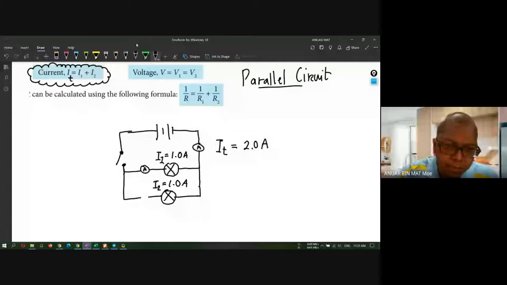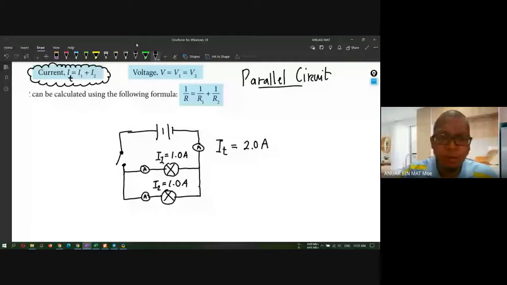So the reading on ammeter 1 and ammeter 2, both readings are about 1.0 ampere. And then for the whole parallel circuit, the measurement of current is 2.0 ampere. Can, class? Very good.